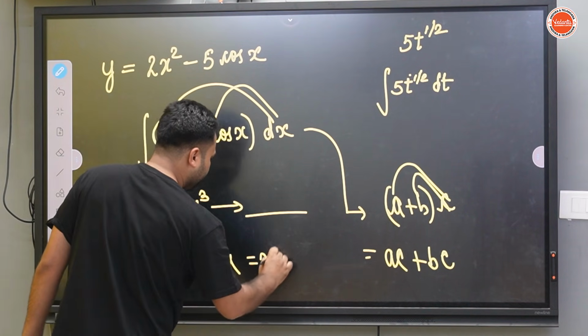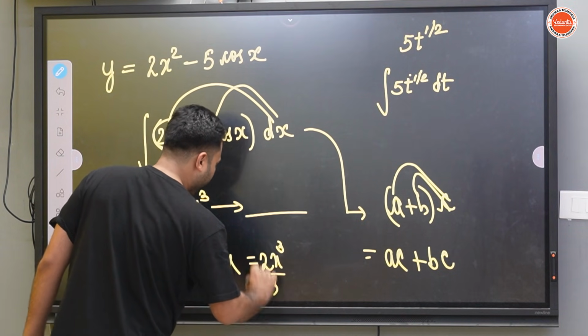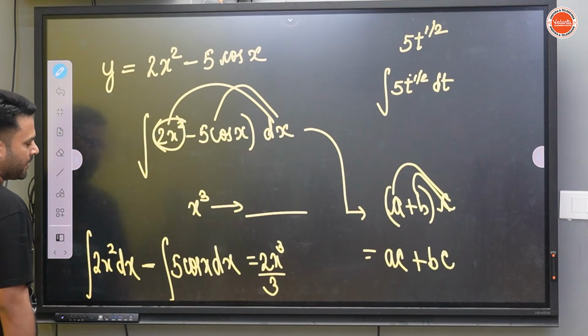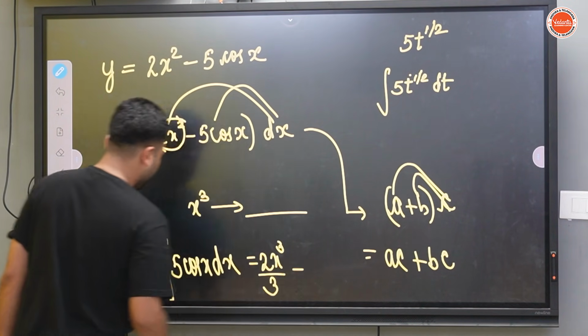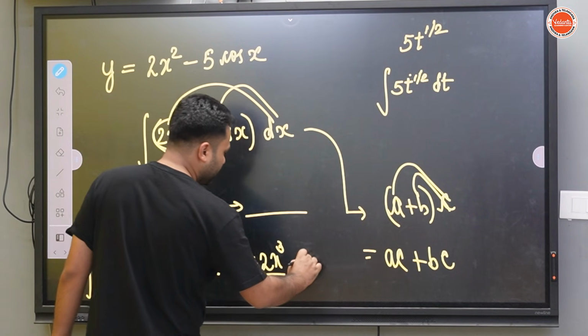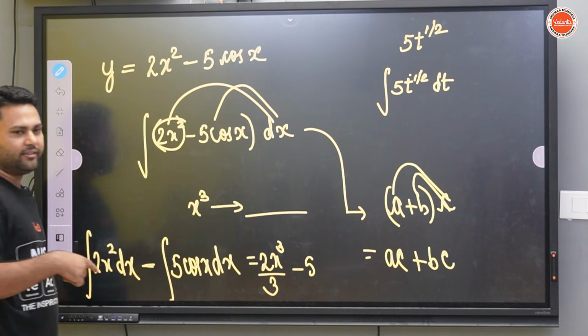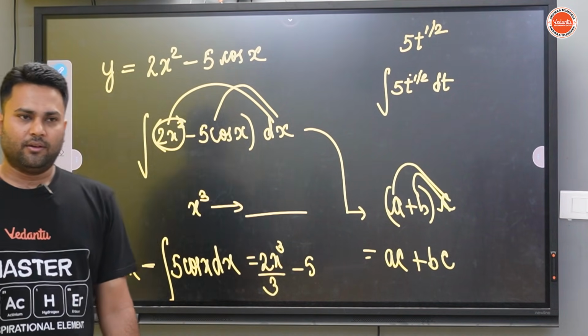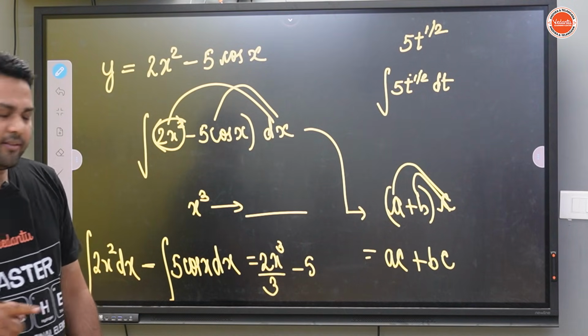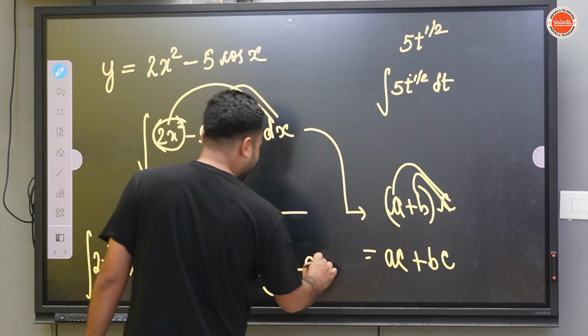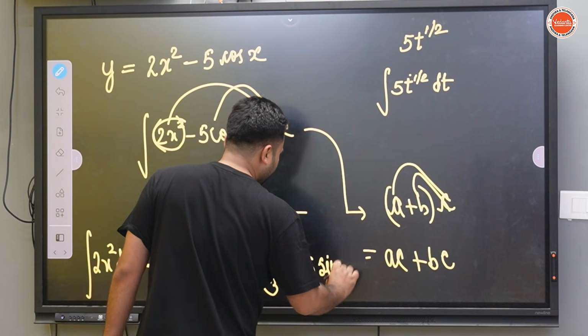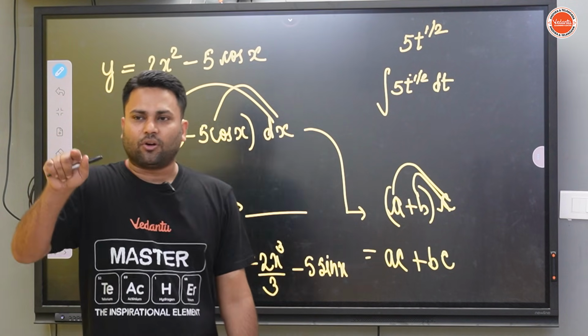So it will be 2 times x cube by 3, minus 5, again you take it out, integration of cos x. Integration of sin x is minus cos x.